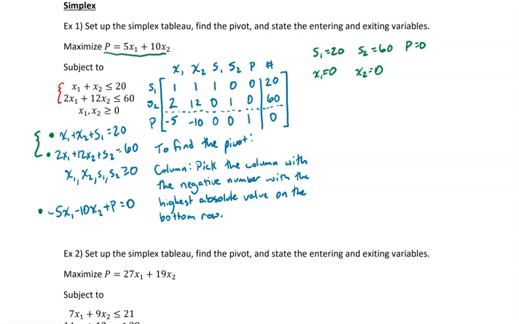So what I mean is we're going to look at the bottom row, and specifically we're only going to look at the negative numbers. So the -5 and -10. Pick the one with the highest absolute value means if you ignore the negative, which one's bigger? Well, 10 is bigger than 5, so the -10 is the one we're looking at. That means we are going to pick the column with the -10 in it.